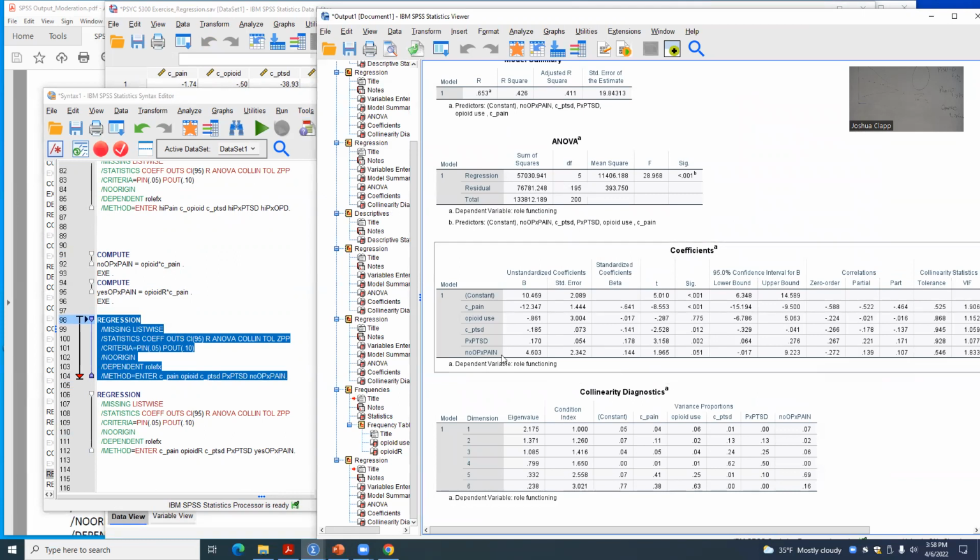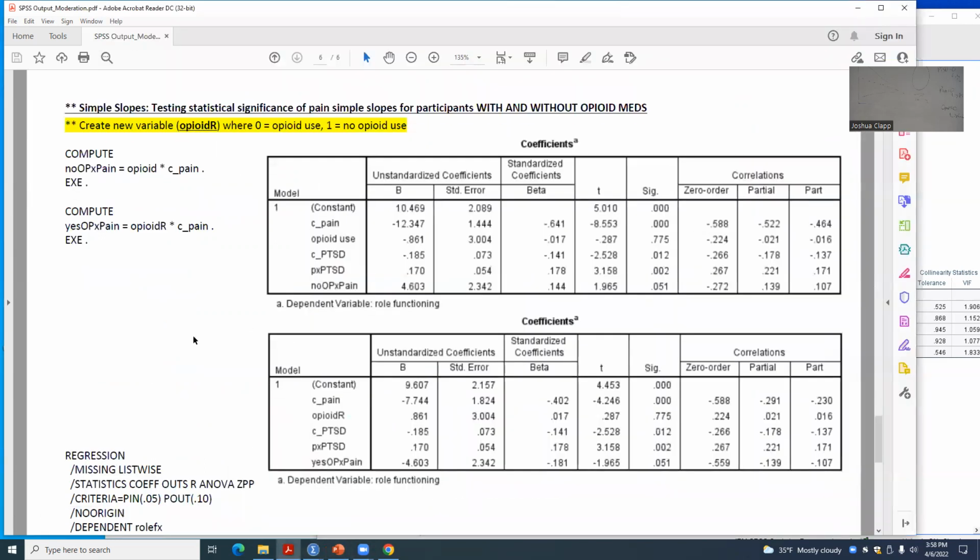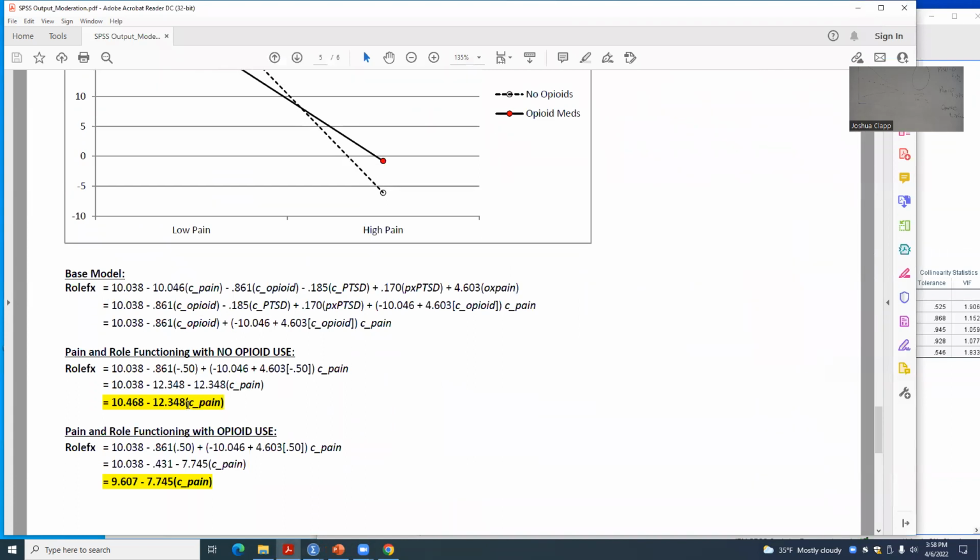looking at the effect of pain on role functioning, and this is just my straight opiate use variable, where 0 is no opiate use, 1 is opiate use. And I go through and take a look at my effect of pain, negative 12.347. If I look at my coefficient there, it matches up, right?